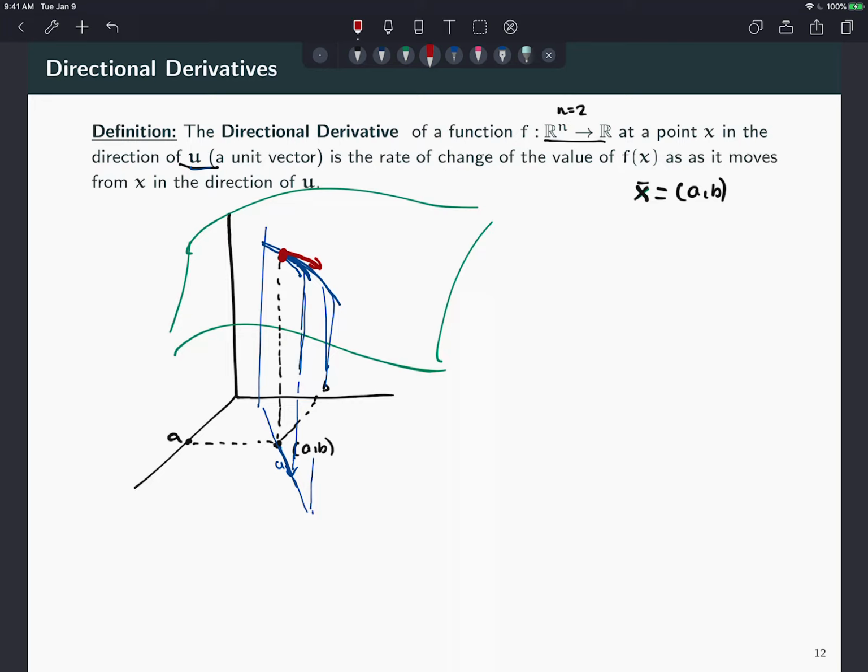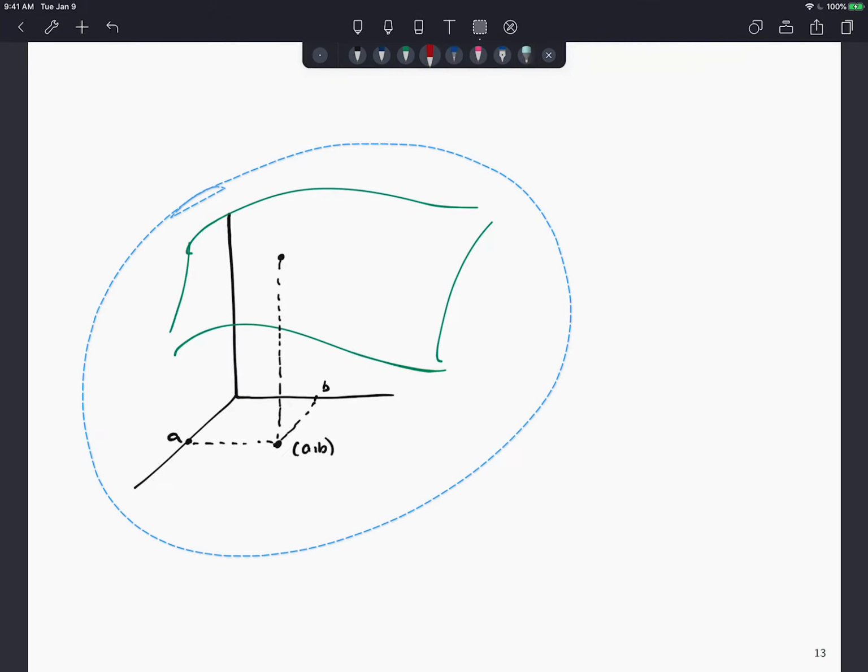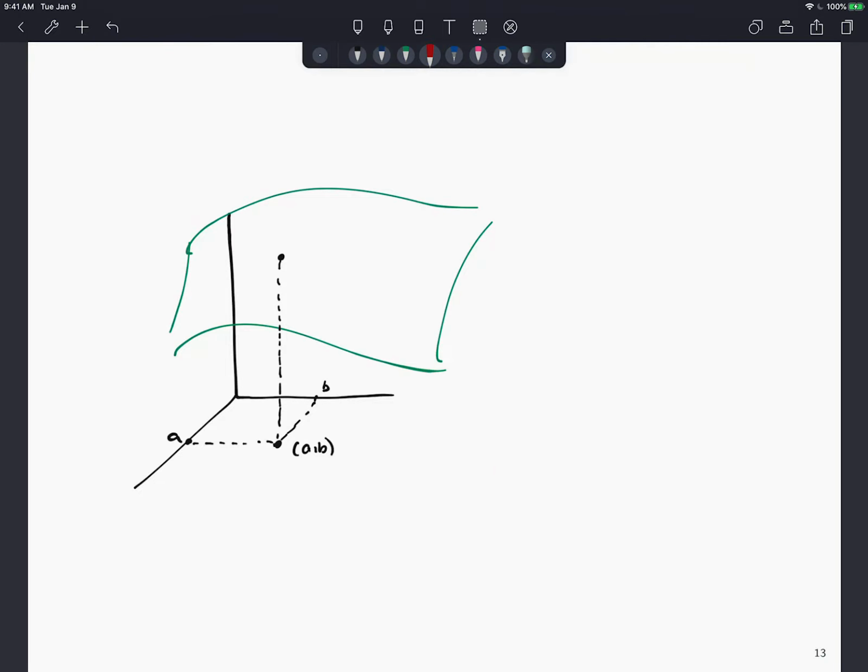Now, before we get to that, I want to say that we already did this. That's why I copied that before. So let me paste it here. We already did this in the case of a partial derivative. When you learned the partial derivative, let's say with respect to x, you kept y constant and moved in the x direction. So it's the same situation, but you're moving in the x direction.